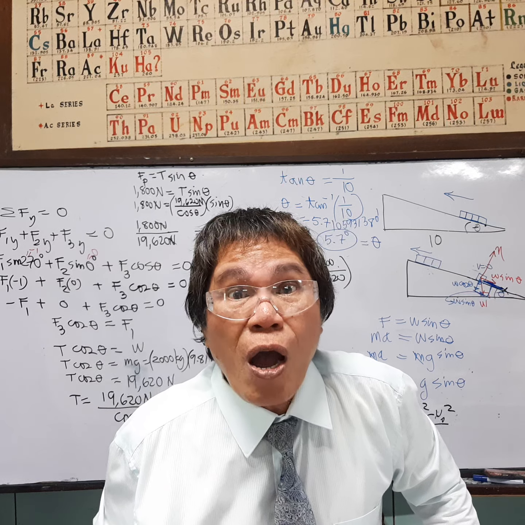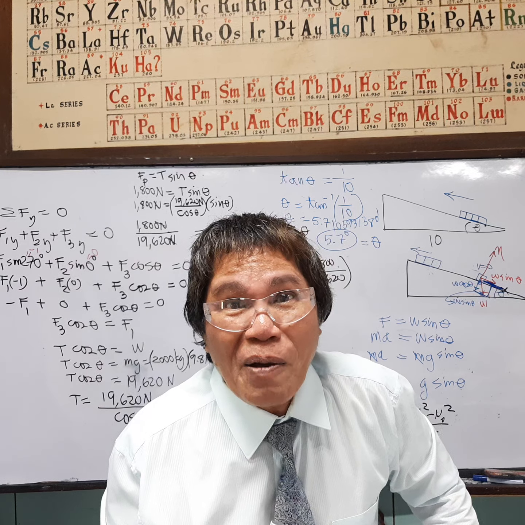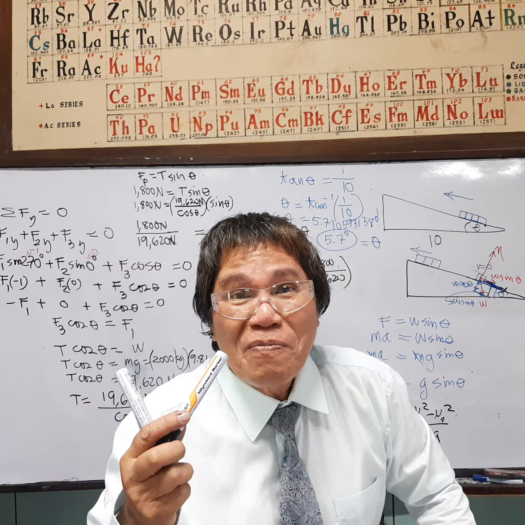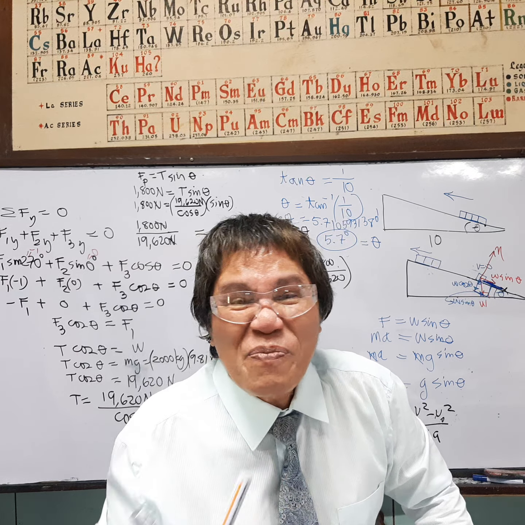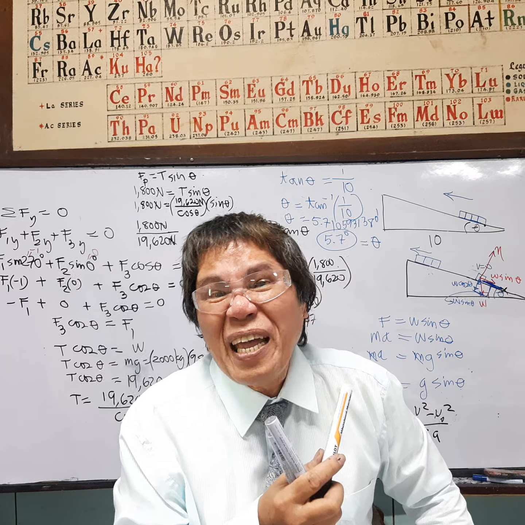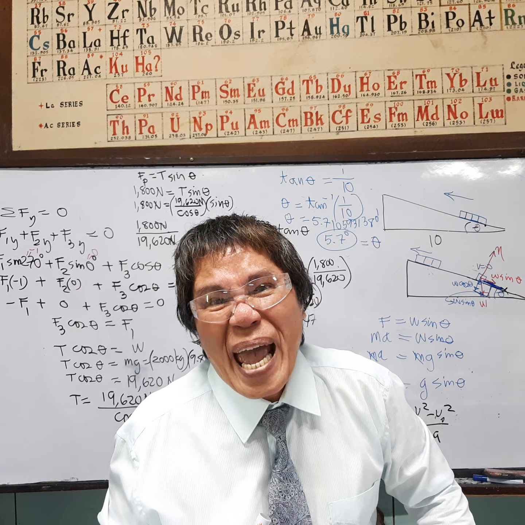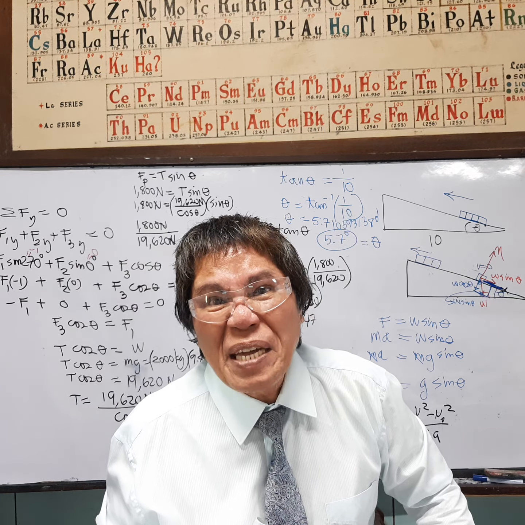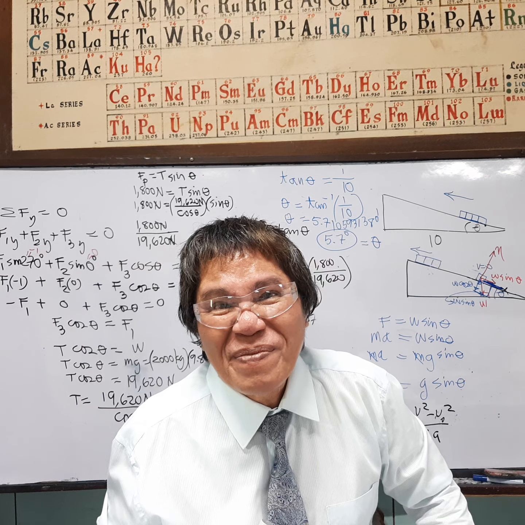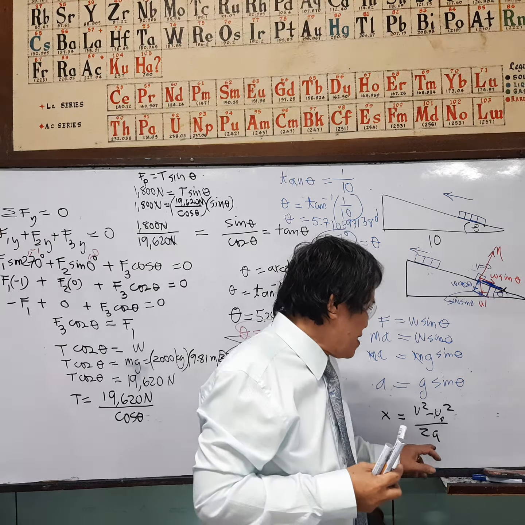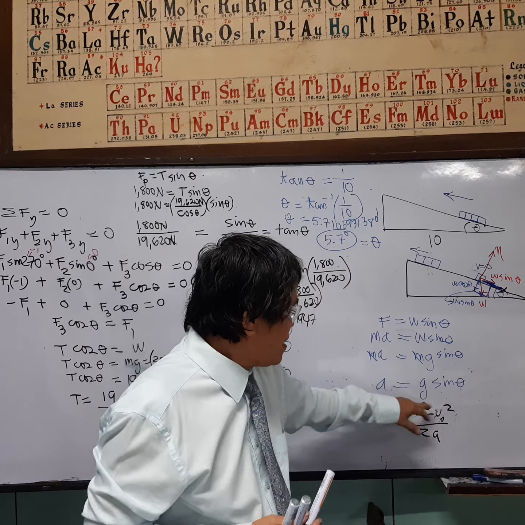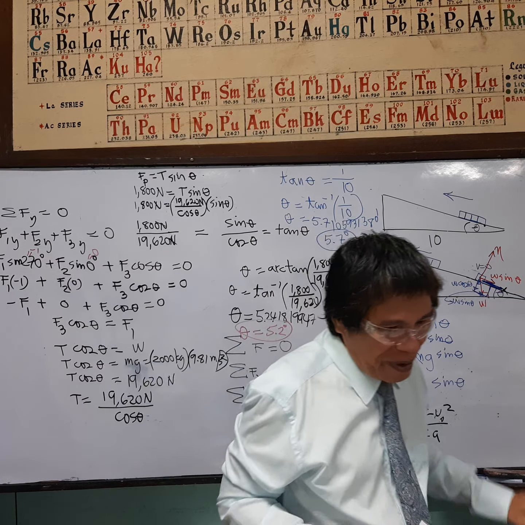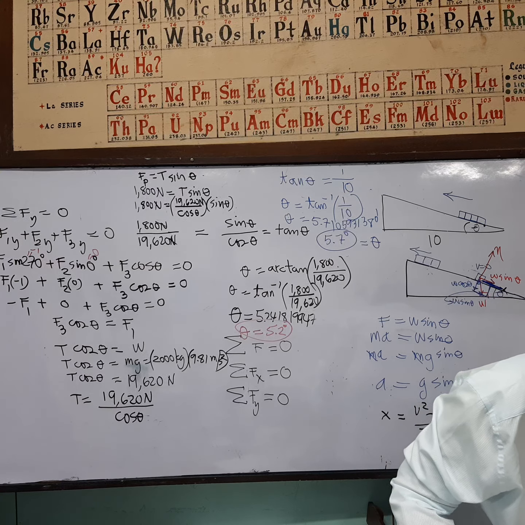Because it stops, and when it stops it is at rest, therefore the initial speed is 0. Later, it will go down because of W sine theta. So you use this equation.